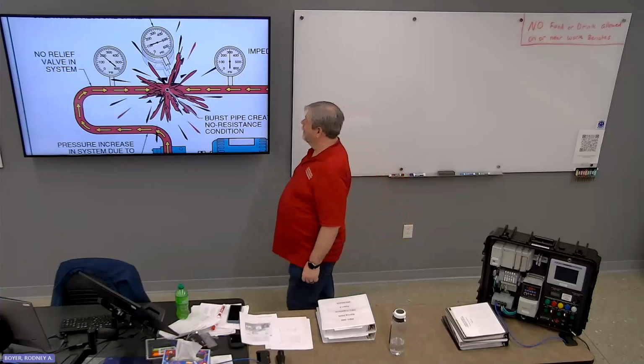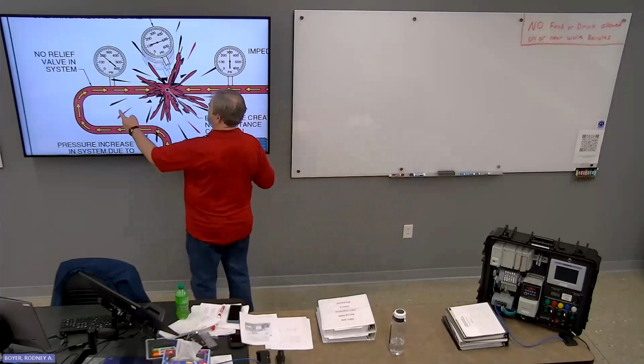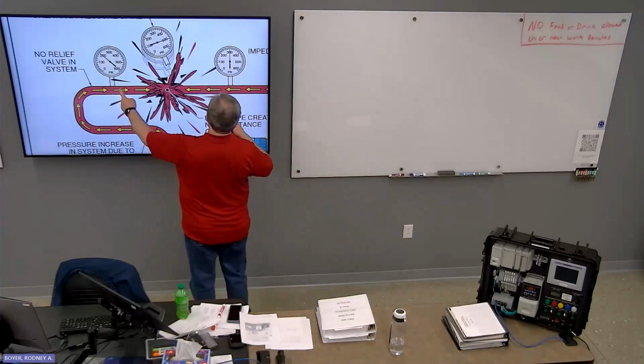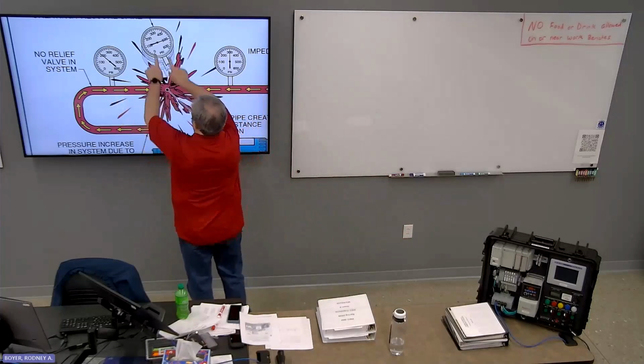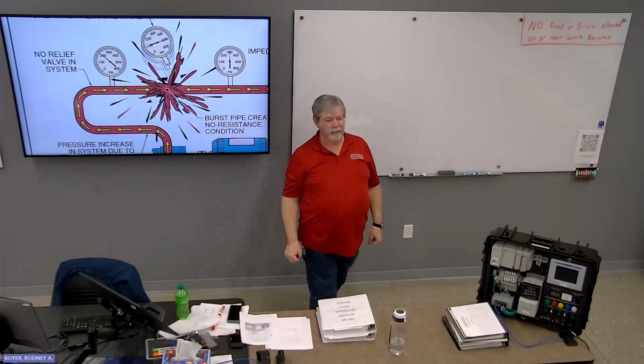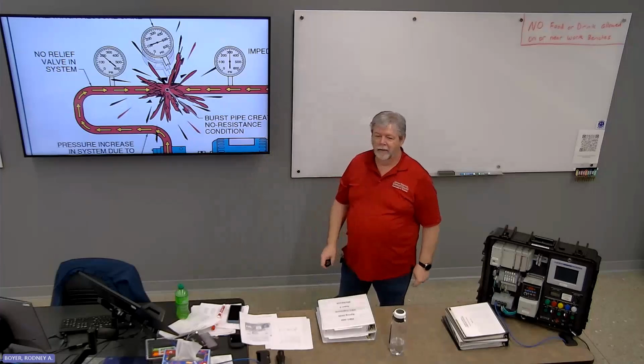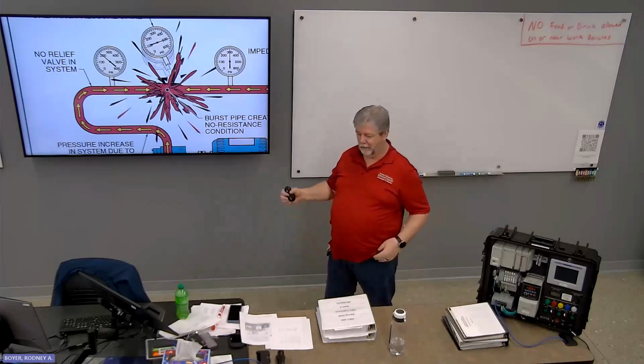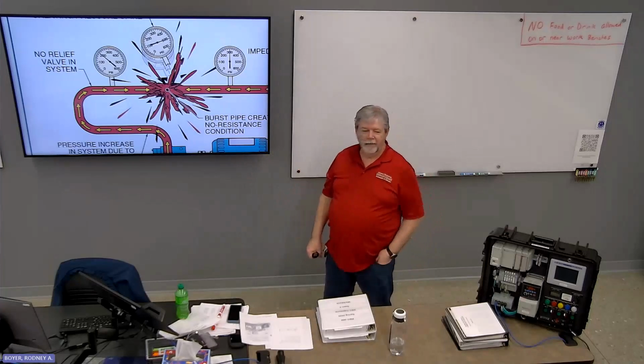I think what they're trying to say is the whole system is going to experience pressure loss. You've got 200 pounds coming this way, 300 pounds coming that way, all 500 pounds are going to go out that way. So the system is pressurized to something, probably around 500 pounds, and then it ruptures. Okay.